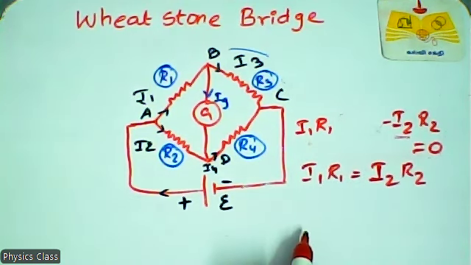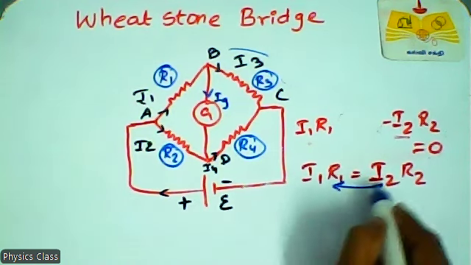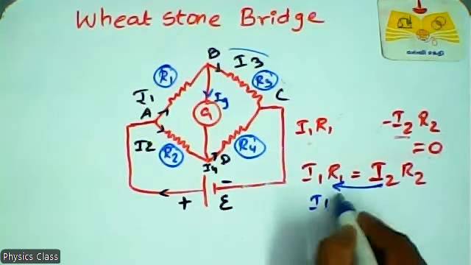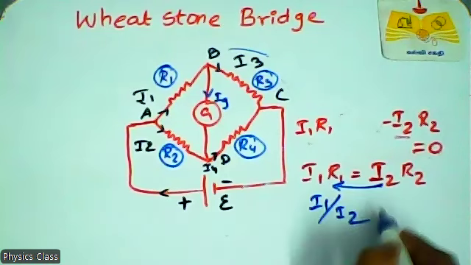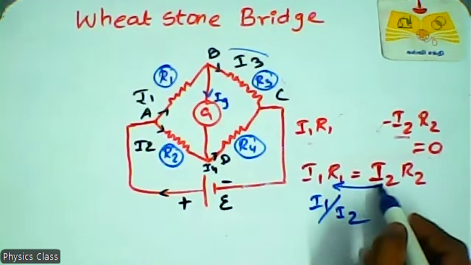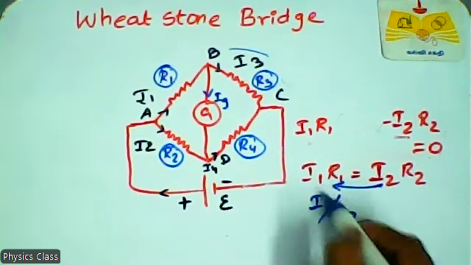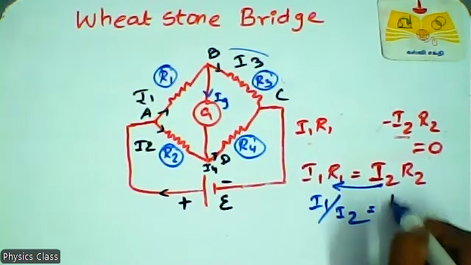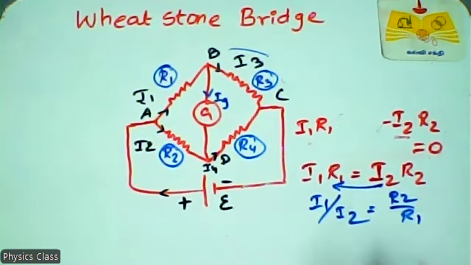So I1 R1 is equal to I2 R2. Now I2 goes here, so I1 by I2, and R1 goes here, so R2 by R1. This is equation 3.